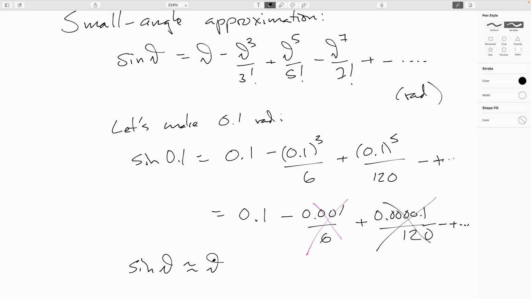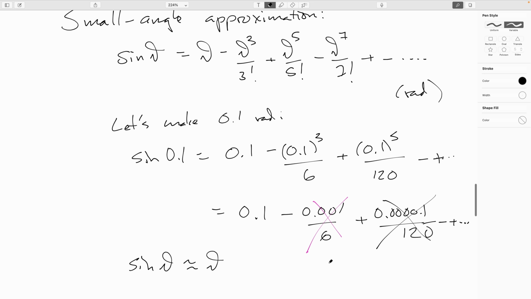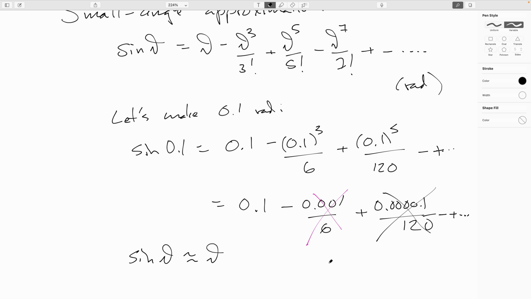And again, depending how fussy you want to be, in a lot of practical applications, you'll still be making totally acceptable errors all the way out to about 0.3 radians or about 20 degrees.